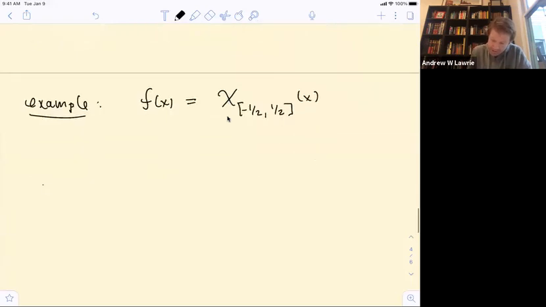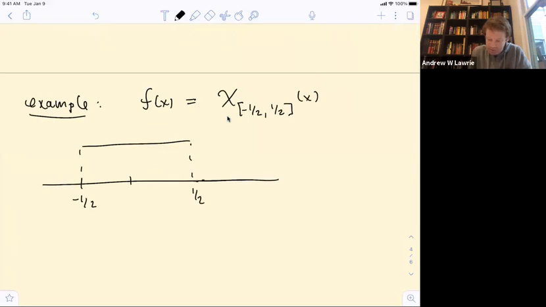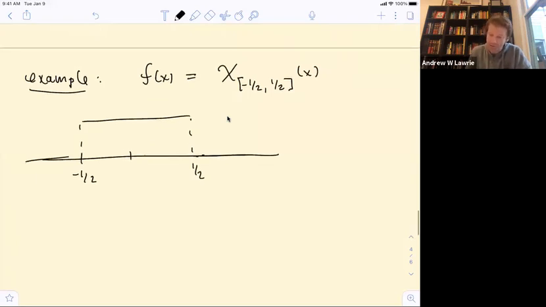So f of x is equal to 1 here and 0 everywhere else. So this is an L1 function on R, right? It has unit mass.